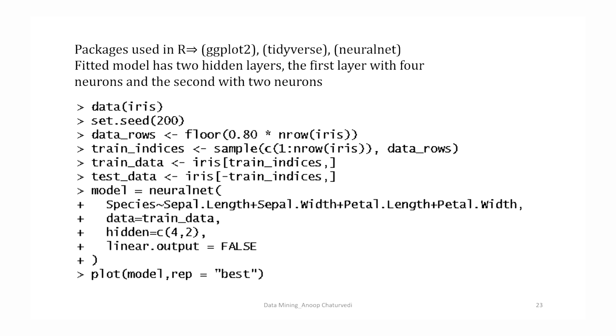This data set is available in R, and for solving this problem we use R. Then the fitted model has two hidden layers. In the first hidden layer we have 4 neurons, and in the second hidden layer we have 2 neurons. So, we divide the data set into training set and test set, and then we apply the multi-layer perceptron.